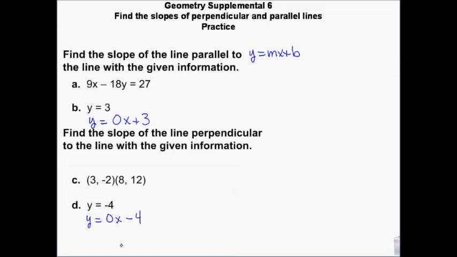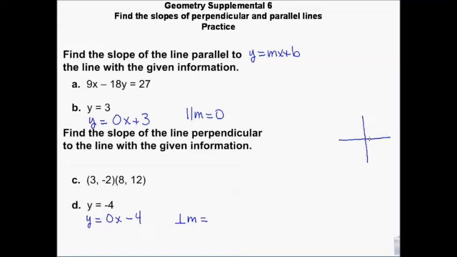Okay. Now if I'm talking about a parallel slope, this works okay. I would still have 0. But if I'm talking about a perpendicular slope, what would be perpendicular to 0? Well, if I have a horizontal line, a vertical line is going to be perpendicular.